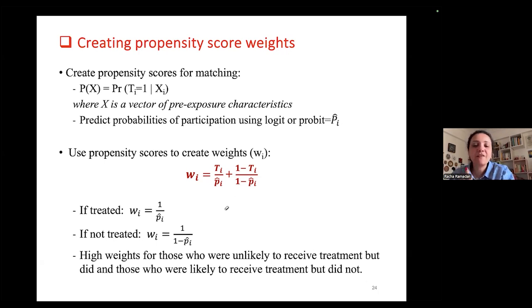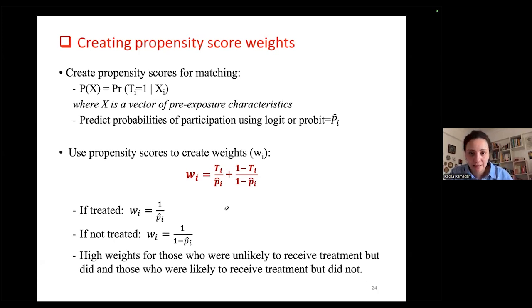Again, given my characteristics, I have higher income than I'm supposed to have, or I am older than I'm supposed to be, or whatever reason, given my X's, the probability of being selected into this program was very low. So I was unlikely to be selected into the program.